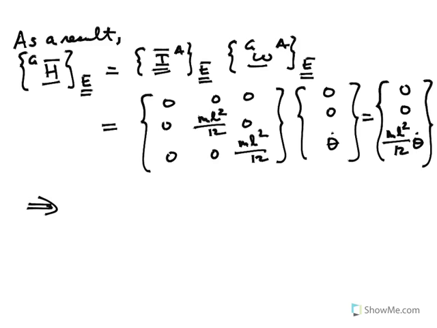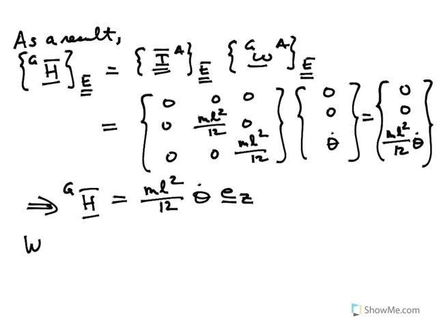As a result of that, we can put this back in vector form because the only component that survives is the z component, and we get ml squared over 12 theta dot e_z. So now let's see what we have so far.